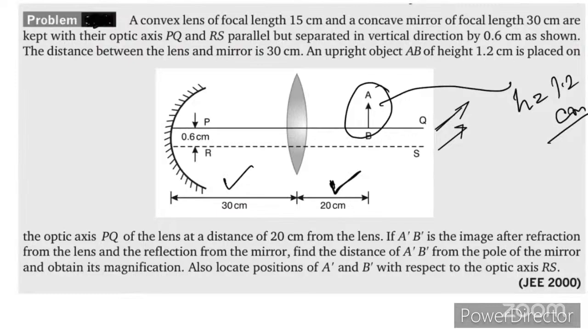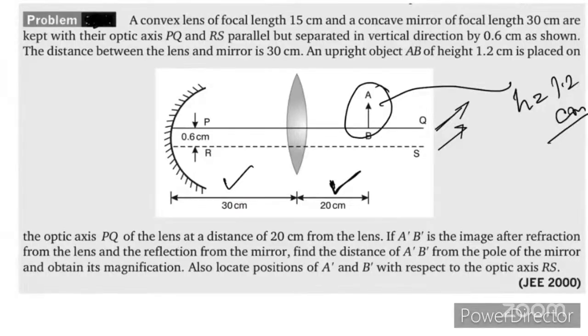RS is the optic axis of mirror. So what we have to do, we have to find out the final image, that is A dash B dash, and how it is located on this optic axis RS, which is the optic axis of mirror. So let us solve this question.